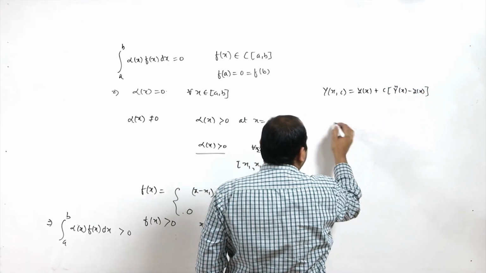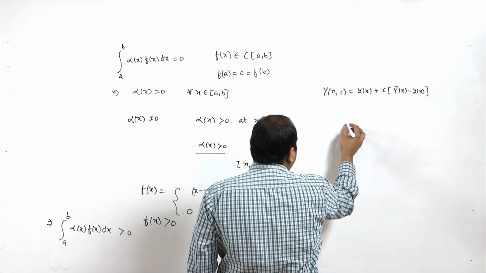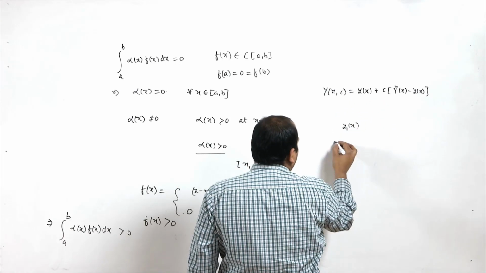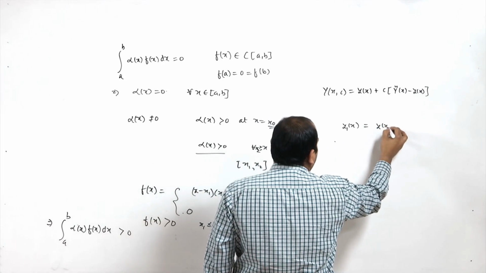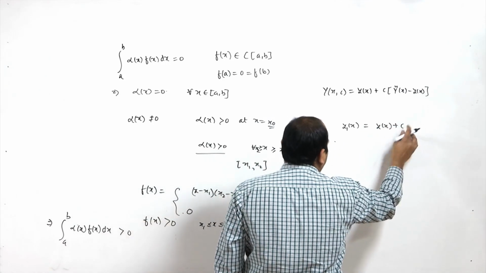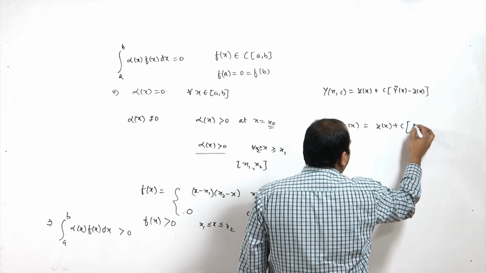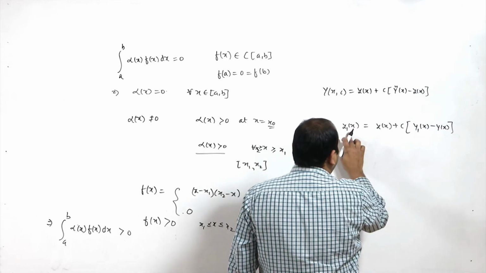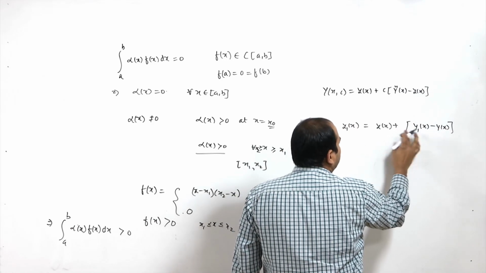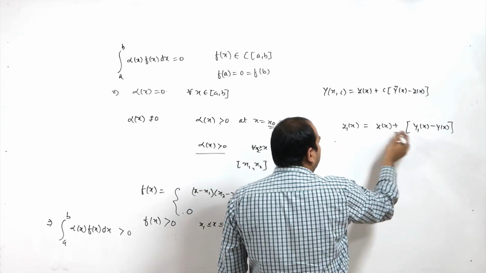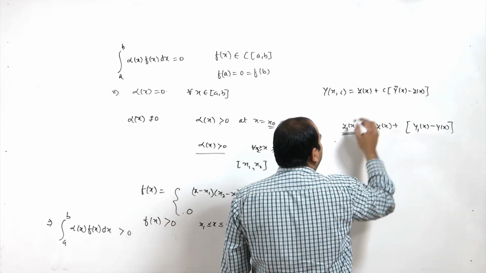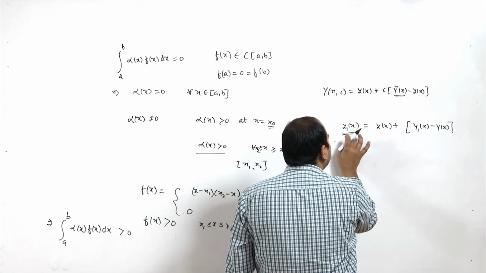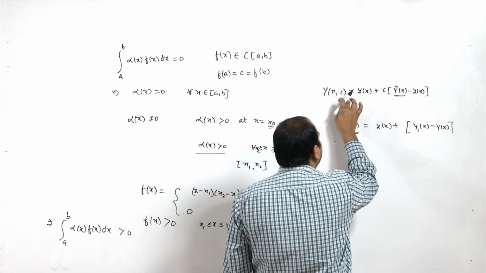If I want to represent, let us say, y1(x) in the neighborhood of y(x), I can take c as 1, so y1(x) can be written as y(x) plus (y1(x) minus y(x)). So if we take y tilde x equal to y1(x) and c as 1, then this can also be written in the form of y(x, c).